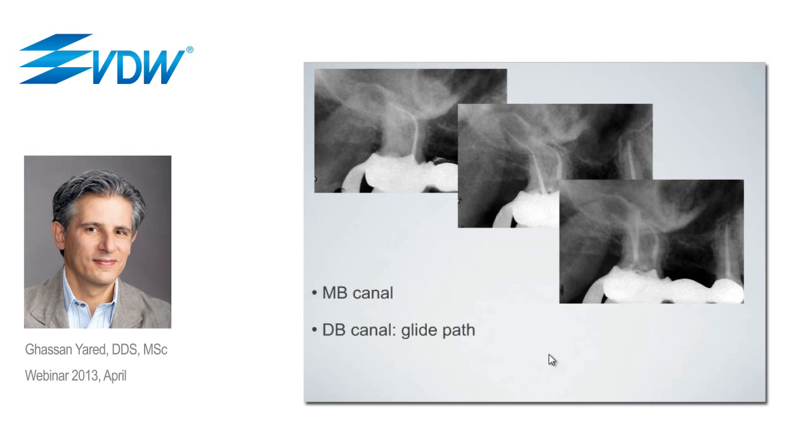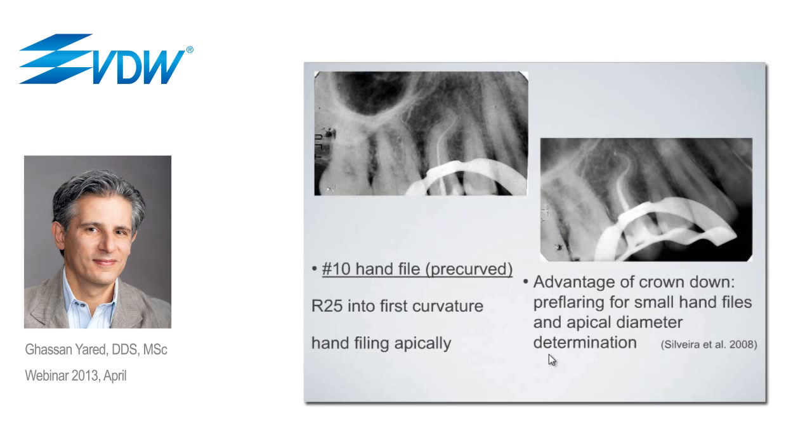I knew that in this case, after creating the glide path, I was able to use the reciprocating instrument to the working length. Now, if after creating the glide path to a size 15, I'm not able to place the hand file unless it is pre-curved, this is a case where the canal preparation in the apical third was to be completed with hand files.